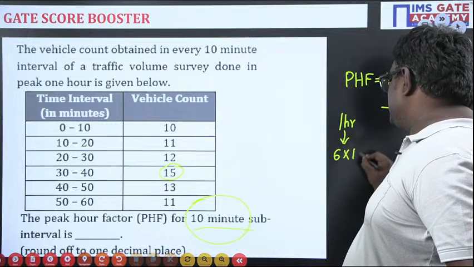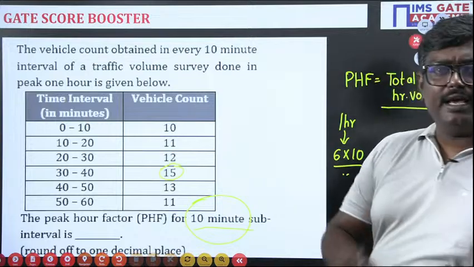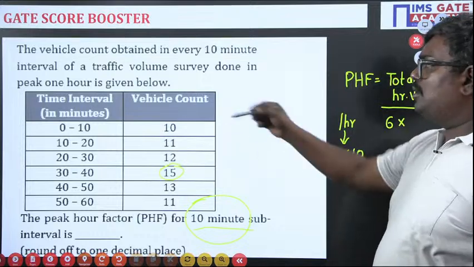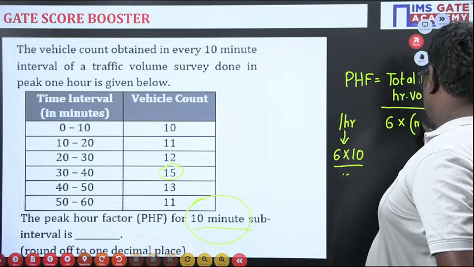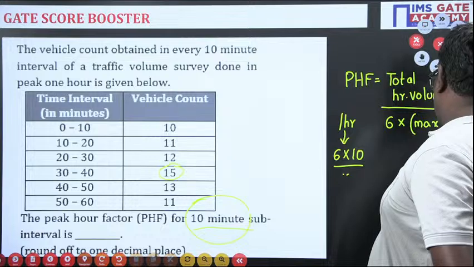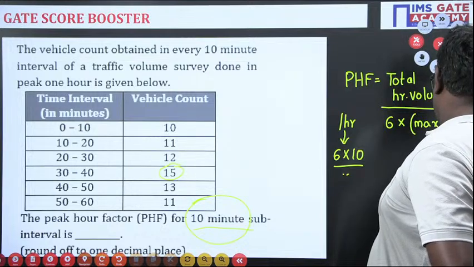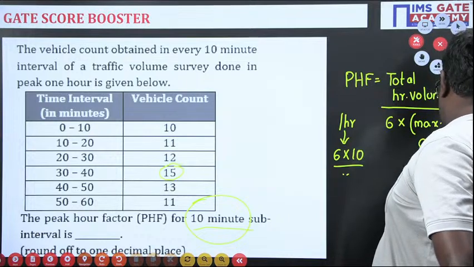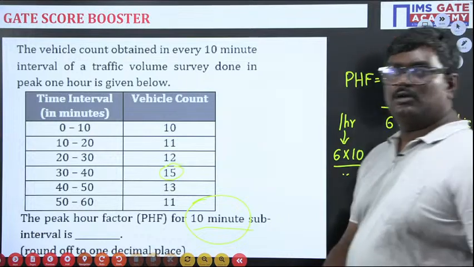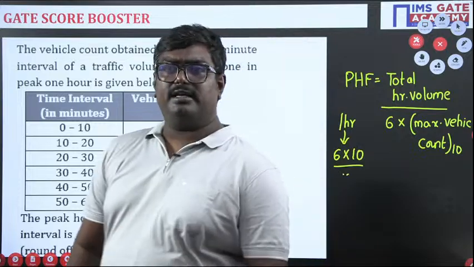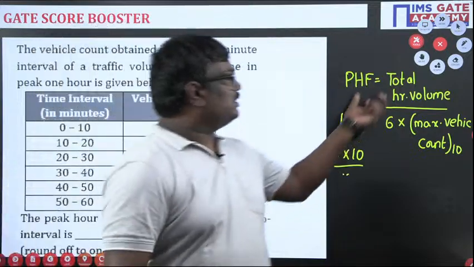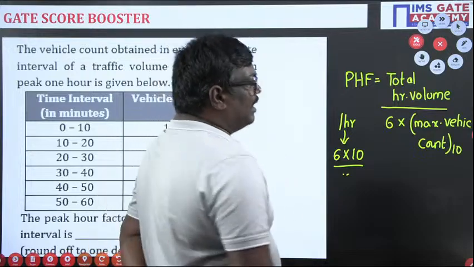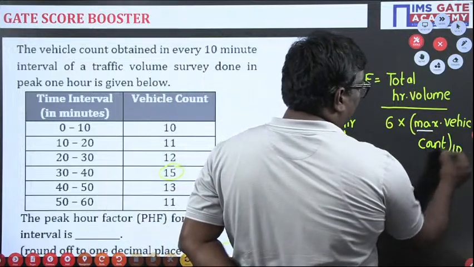So here I will write total hourly volume divided by 6 into maximum vehicle count for 10 minutes. Peak hour factor is total hourly volume upon 6 into maximum vehicle count for 10 minutes.